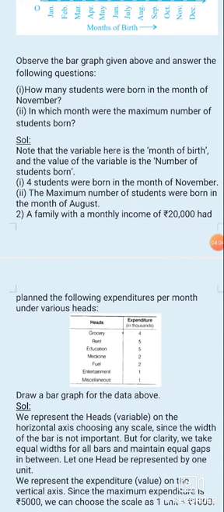We represent the heads on the horizontal or x-axis. Since the width of the bar is not important here, but for clarity, we take equal width for all bars and maintain equal gaps between them. Let one head be represented by 1 unit.